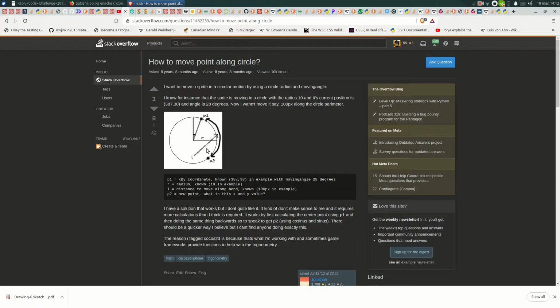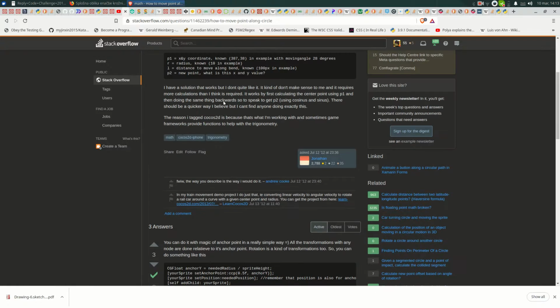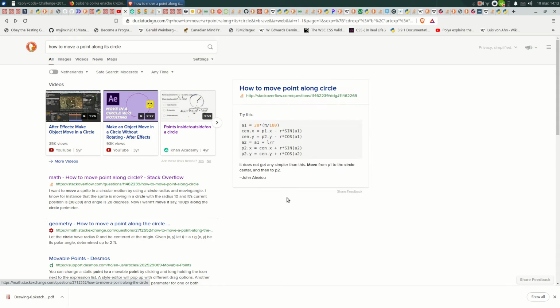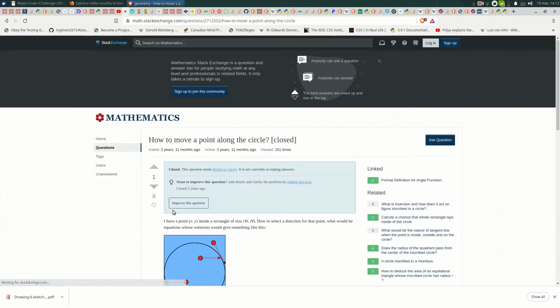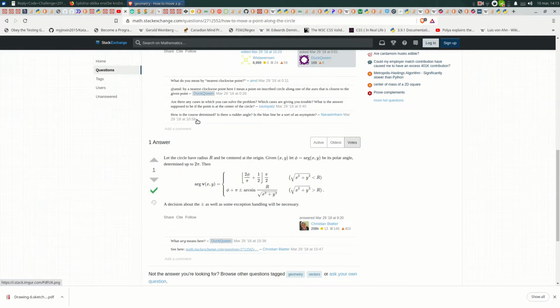Okay, R is 10. And its current position is over here, and the angle is 28 degrees. Now I want to move it, say, 10 pixels along the circle perimeter. That's not the thing I've been looking for. Maybe this one, along the circle. This needs more detail.